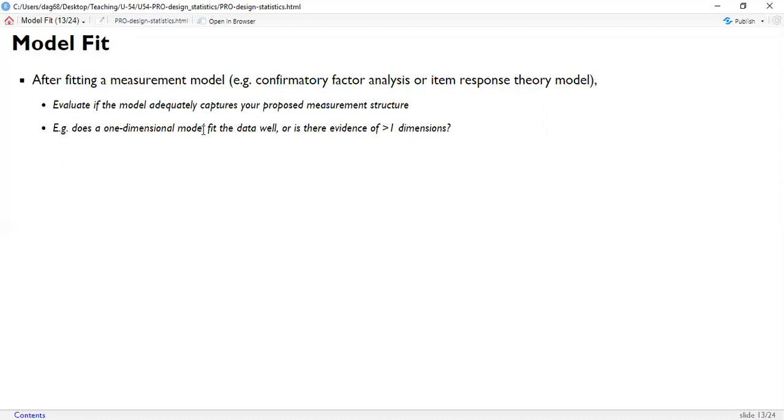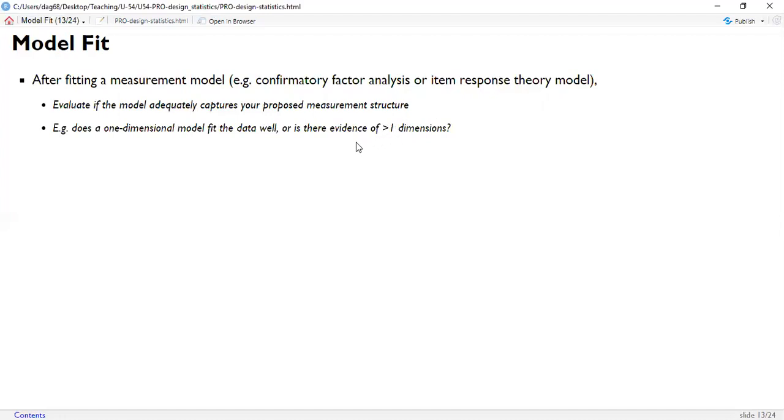So after you fit a model, you want to evaluate whether that model adequately captures your proposed measurement structure. So for example, if you fit a unidimensional model, does that model fit the data well? Or is there, for example, evidence of another factor or more than one dimension in the data?